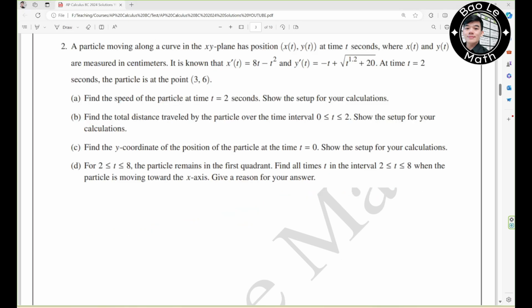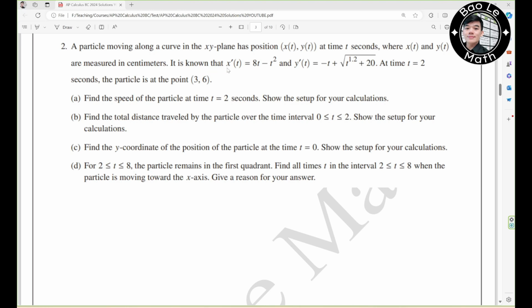Let's move on to question 2. A particle moving along a curve in the xy-plane has position x(t), y(t) at time t seconds, where x(t) and y(t) are measured in centimeters.